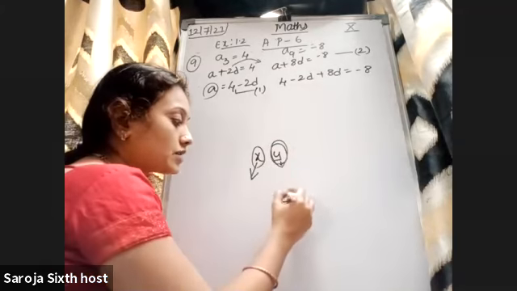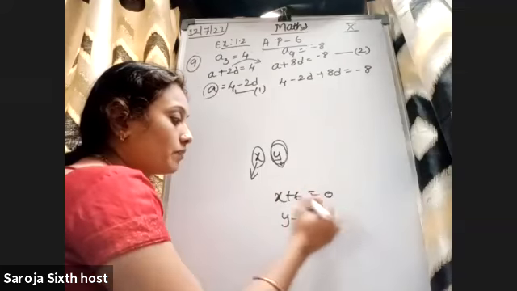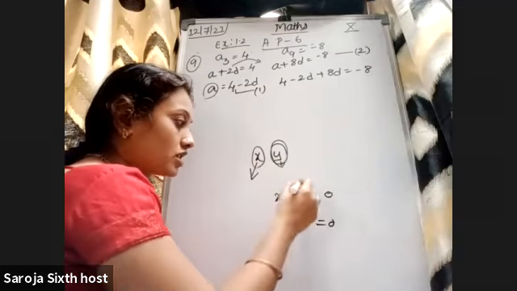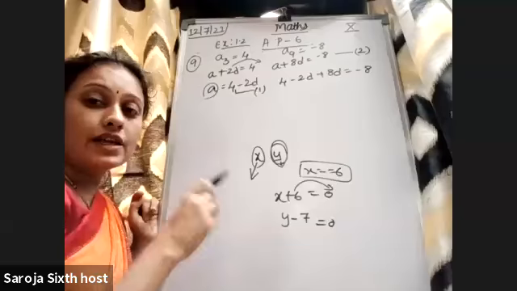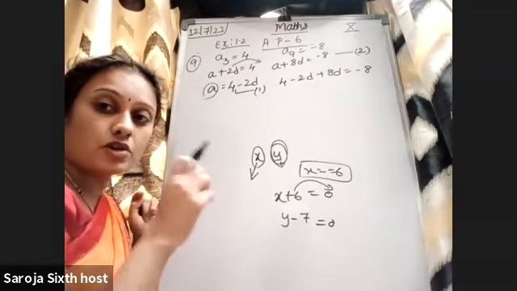For example, x plus 6 is equal to 0. I will just shift this 6 to this side: x is equal to minus 6. If both the variables are unknown, you should go for the substitution method.